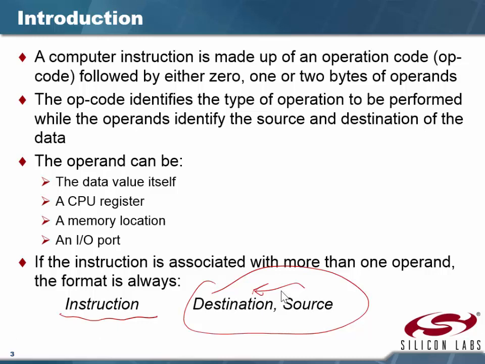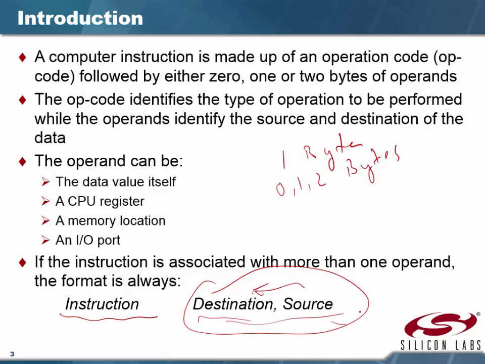Now, a computer instruction has to be 1 byte for the instruction itself. Then we may have 0, 1, or 2 bytes for the operand. Some instructions do not have an operand.